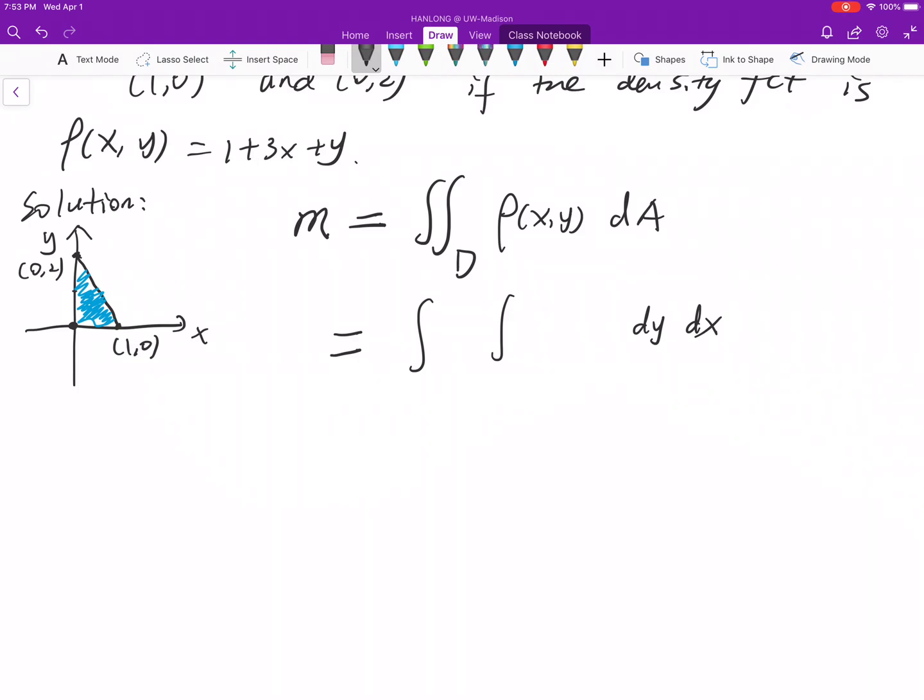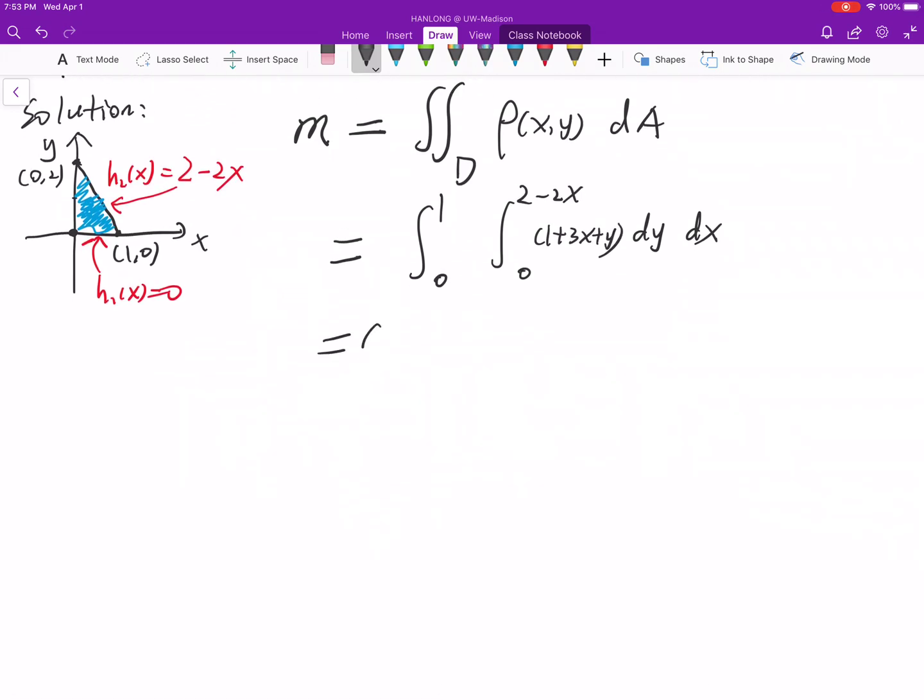And then for x, you are integrating from 0 to 1. For y, now you need to figure out the two boundaries. So h2(x) is 2 minus 2x. That's the equation for this line. And then h1(x) is just 0. Therefore you have 0 to 2 minus 2x, and inside you have 1 plus 3x plus y.